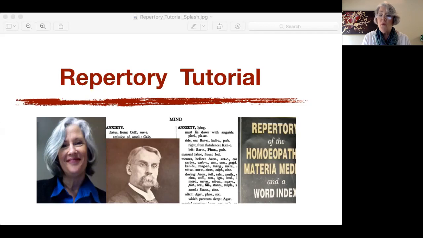Oh, question from Joy. Where is circulation? I couldn't find hypertension easily in the complete. Yeah, you're going to find it in generalities. There are specific things that can tell you someone is hypertensive, like throbbing in the jugular vein, and you're going to see that in external throat. Or a throbbing in the ear, when they can hear their pulse in their ear, you're going to get that in the ear section.